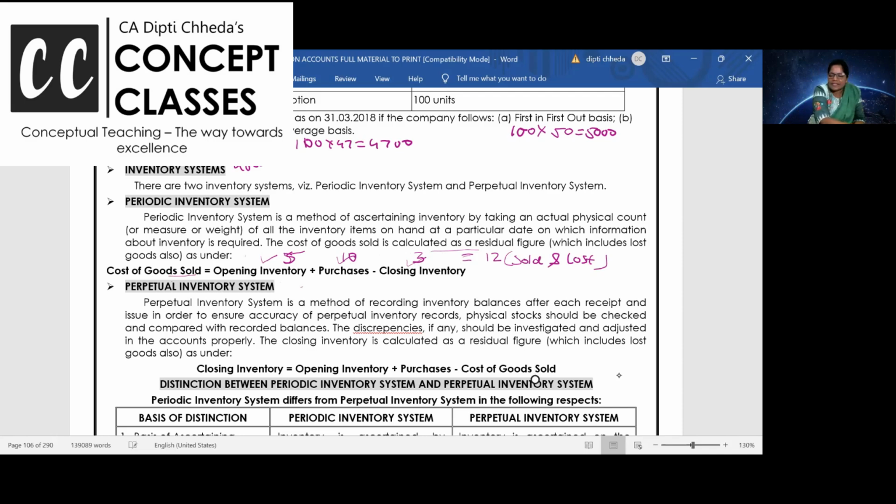Purchases is 10 bags. 15 minus closing 3. So 12 bags are the cost of the goods sold. Now this may be either sold or lost, but they are not there in the godown. Are you getting it? Because when you counted physically in the godown, only 3 units were there.